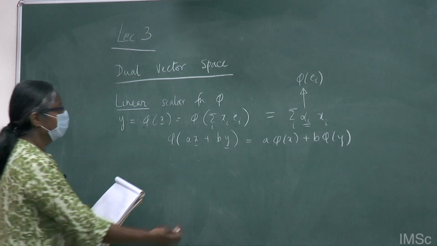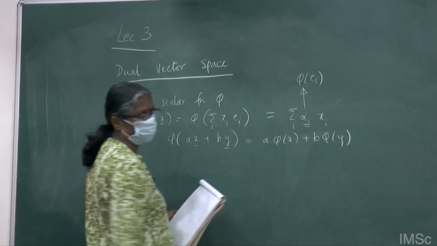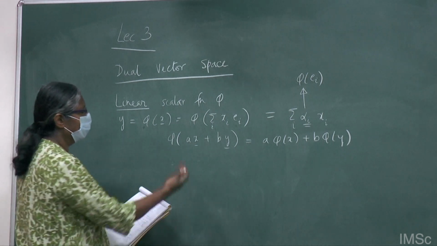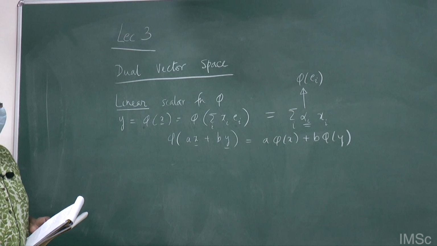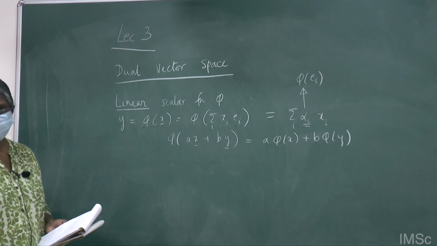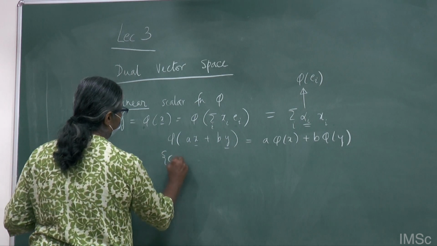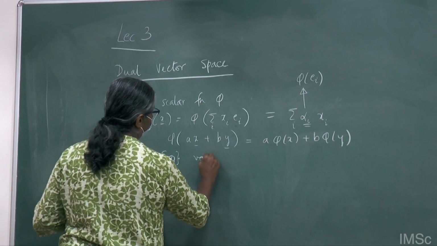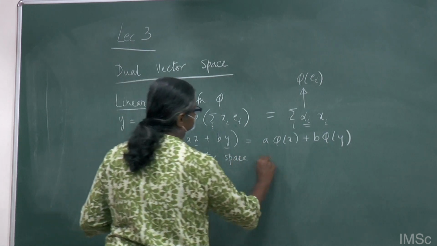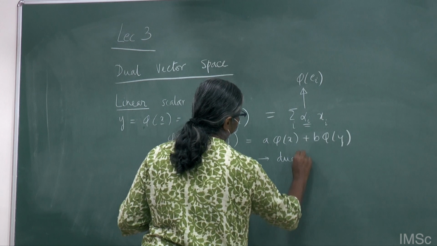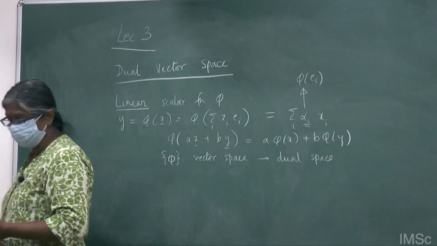This addition, phi of x plus y is phi of x plus phi of y, and multiplication by a scalar, it could be a complex scalar, is a times phi of x. This is the definition of a vector space. That means the set phi also forms a vector space, and this is called the dual space.